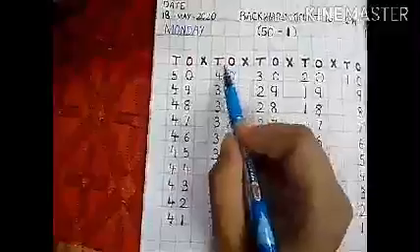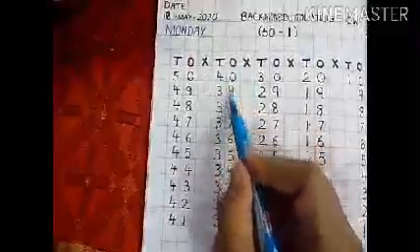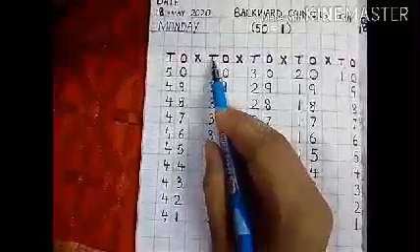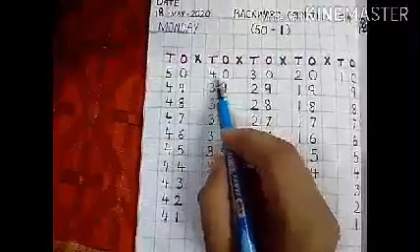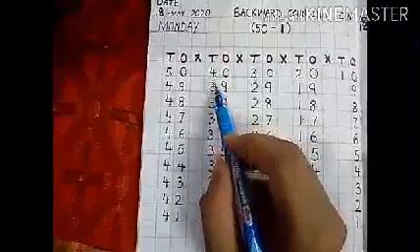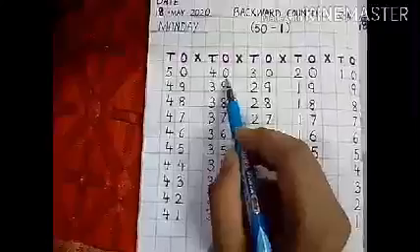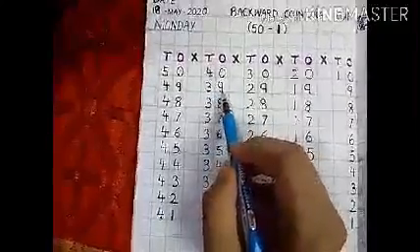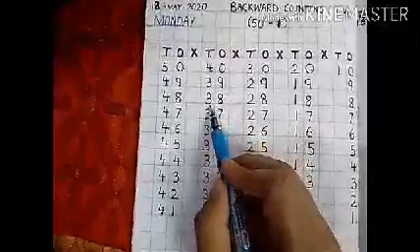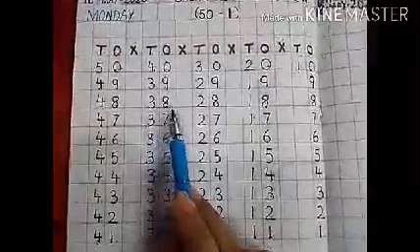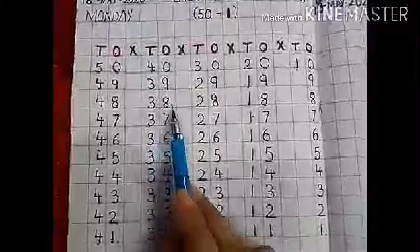Now come to the next line. On the top corner you write down 40. Then below tens write 4, below ones write 0. Then 3, 9, 39. Below that 3, 8, 38.